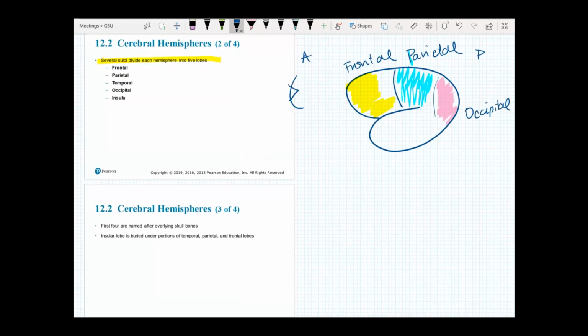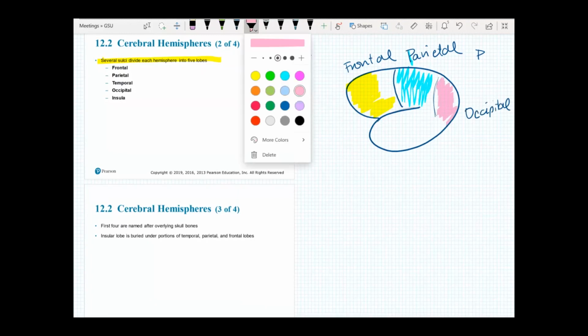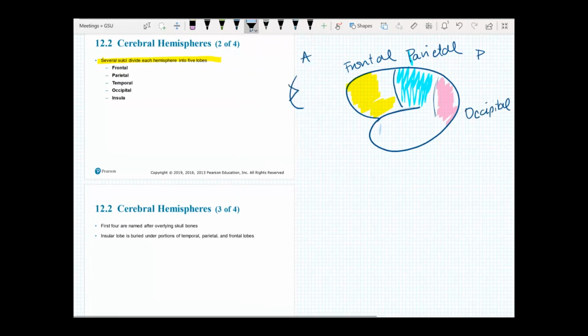And this sulcus right here, that's actually a fissure, and your sulcus right here will separate everything. That will also separate your temporal lobe, which is this guy right here. This is your temporal lobe.